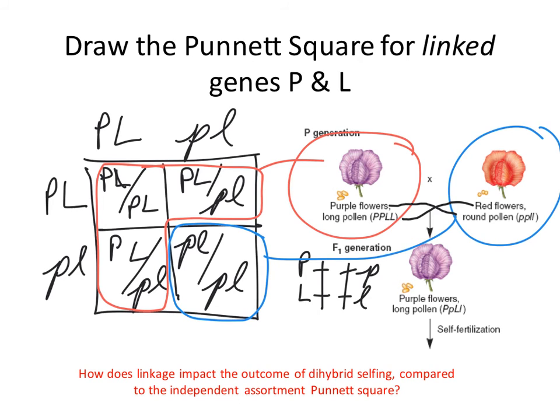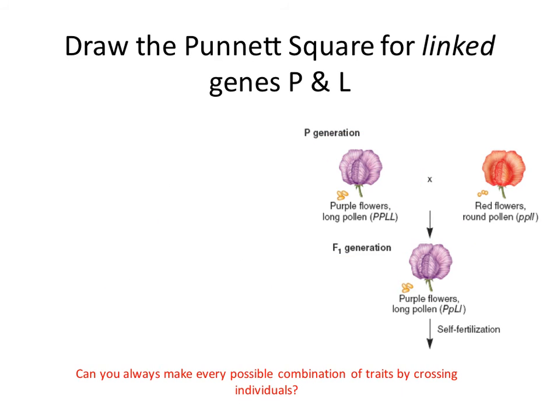So that leads me to my next question for you, which is something I'd like to discuss briefly, down here at the bottom. Given that we know that linkage happens, that sometimes two traits are caused by genes that are close together on the same chromosome, is it always the case that we can combine any two traits we want in any organism we want?